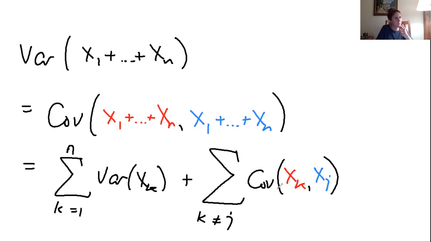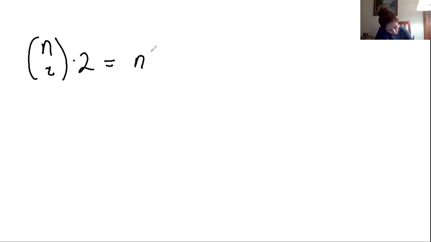When I multiply by 2, it could be that the larger is here and the smaller is there, right? So the summation is over n choose 2 multiplied by 2, which is simply n times n minus 1. And Murshika said it's n squared minus n. Same thing. Make sense?